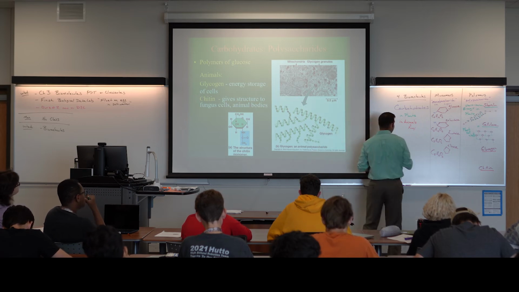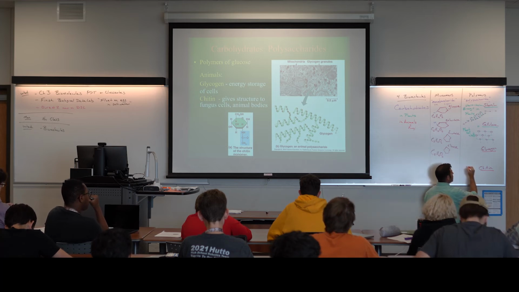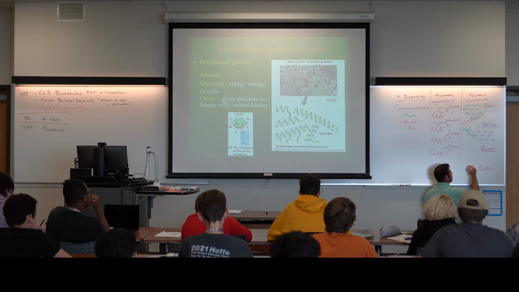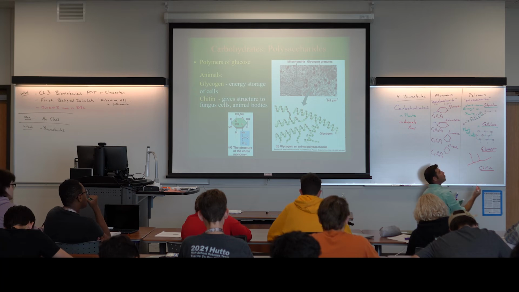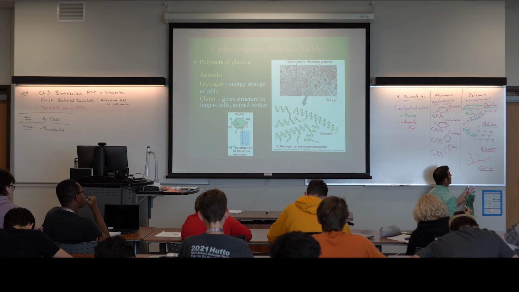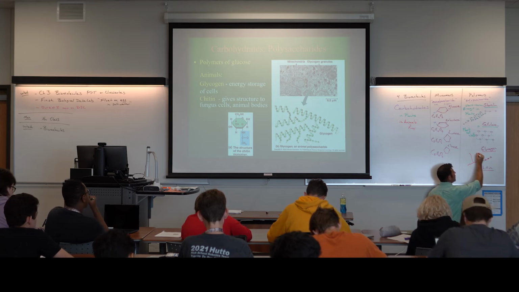So let me simplify glycogen. Without drawing it in a coiled form, I'll just draw it in a branching form. We'll see glycogen forms these branches. And along each branch, like we were seeing with starch, there are just these chains of glucose molecules.